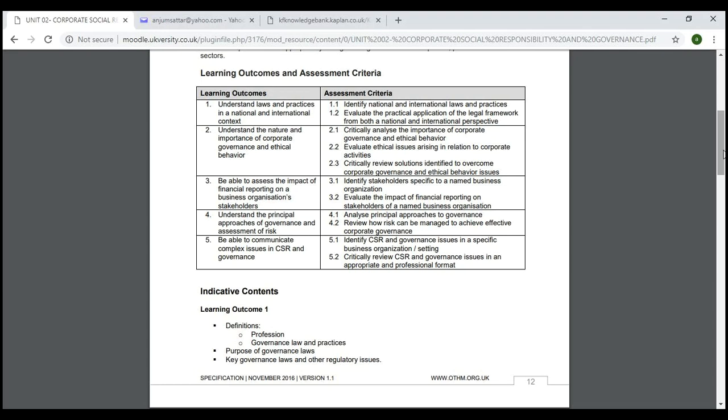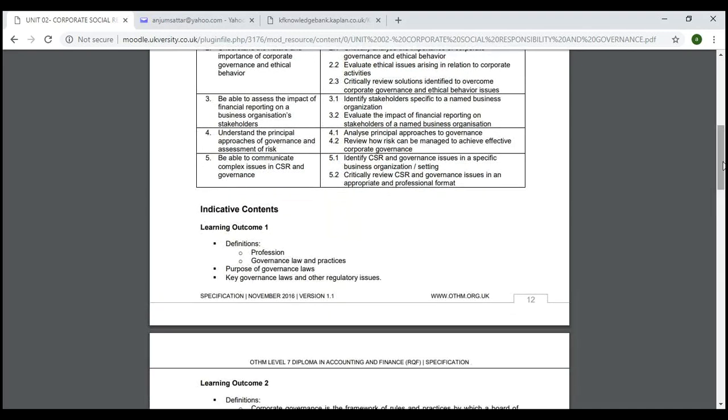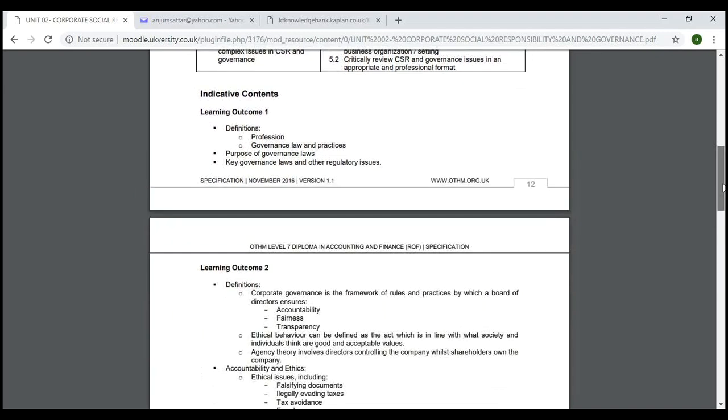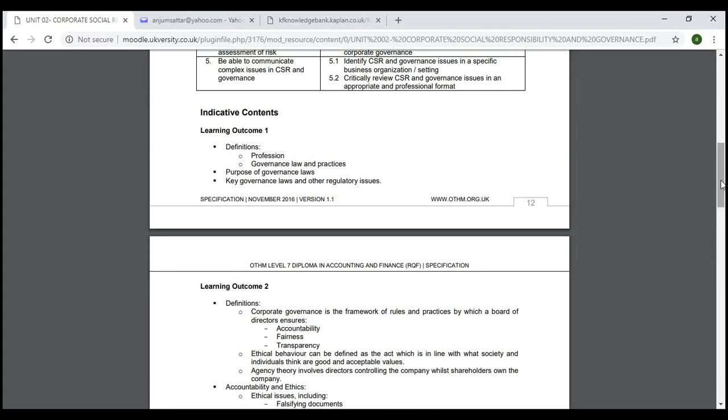We'll go through the principal approaches of governance and risk assessments in our LO4. LO5, which will be our last learning outcome, be able to communicate context issues in corporate social responsibility and governance. So these are all the learning outcomes which we'll go through.